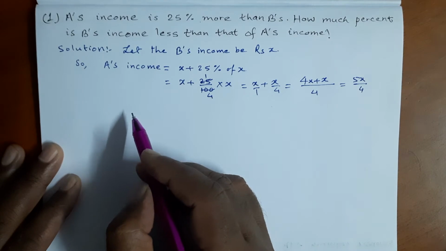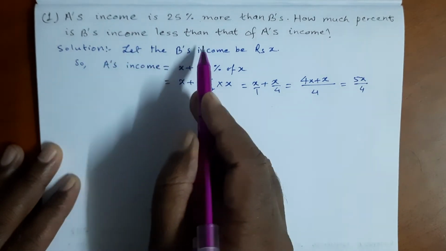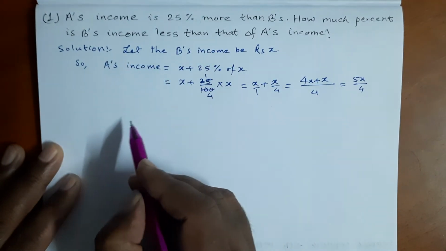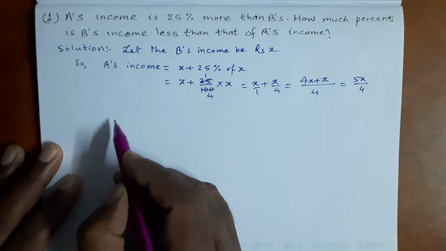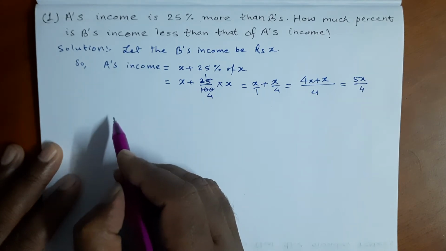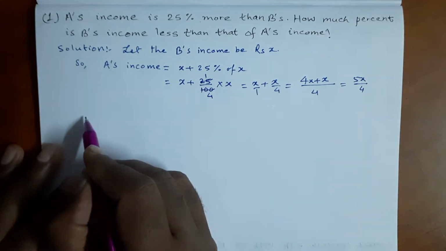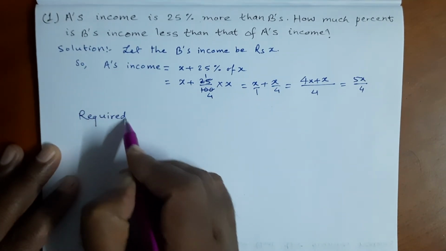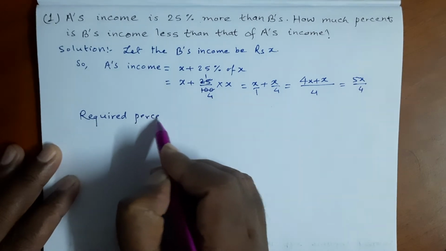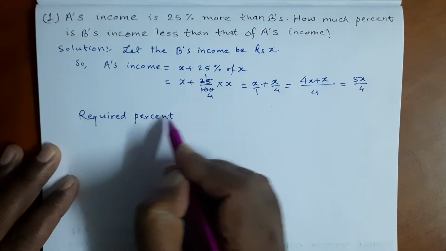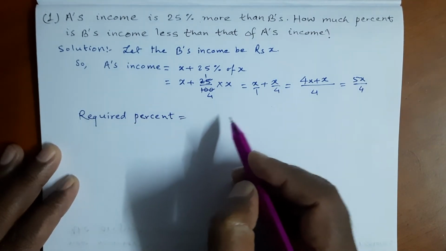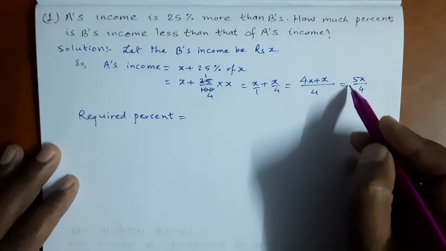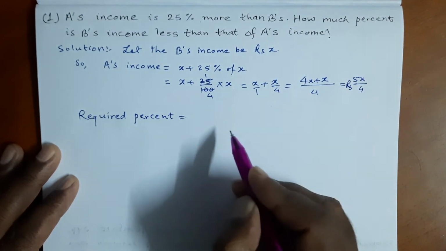Now, by how much percent B's income is less than that of A's income, it says. So now we should find out the difference. Required percent is obtained by, this is also in rupees, Rs we can write.